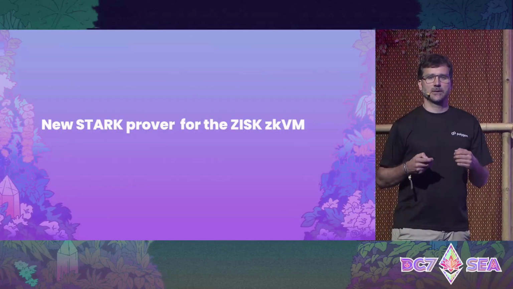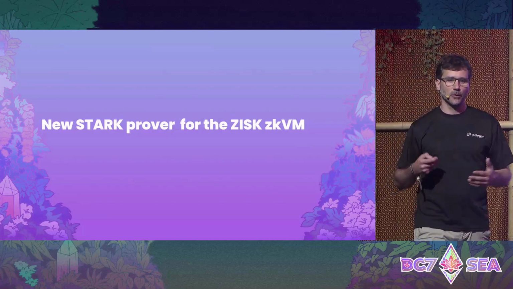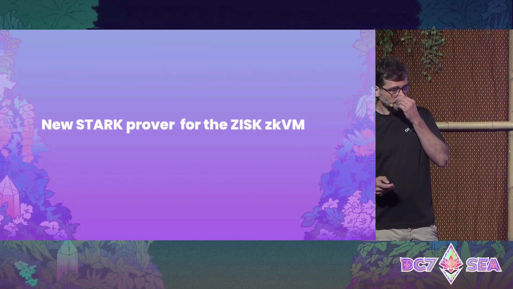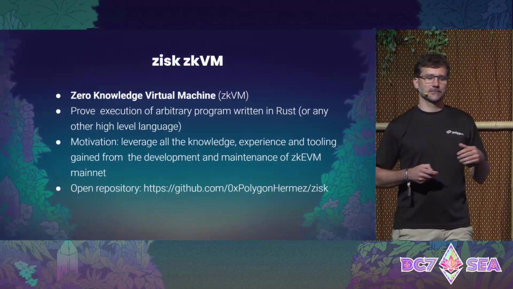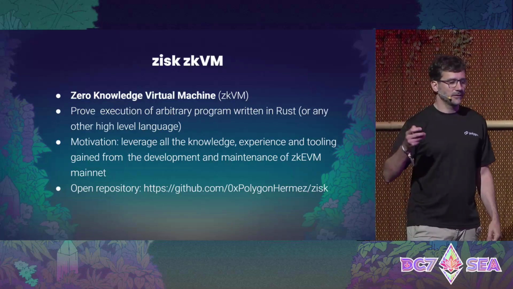The project in which we are involved is the ZISC ZK-EVM, which is a general purpose ZK-EVM. Basically, as others that are in the space, we want to prove any program that is written in a high-level language like Rust, C++, or others. Okay?